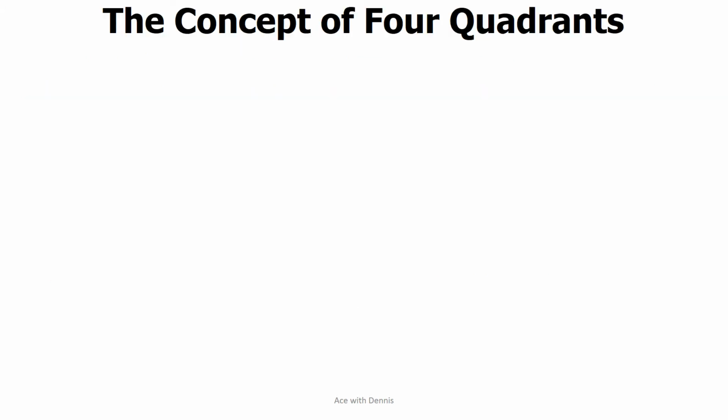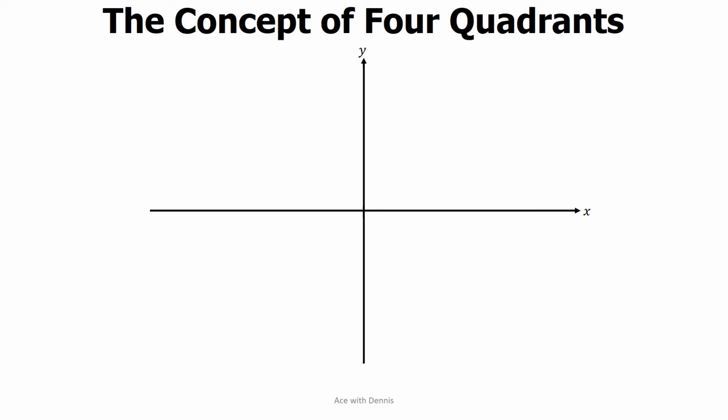Alright, now we come to one very, very important part of trigonometry. You need to understand this concept very well before you learn further in trigonometry. The concept is the concept of four quadrants. This is the x and the y axis.